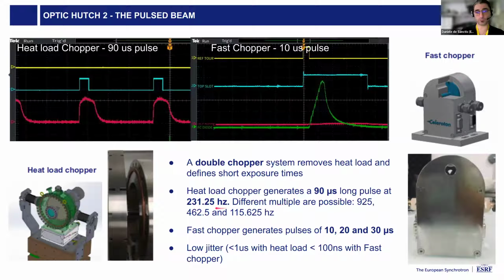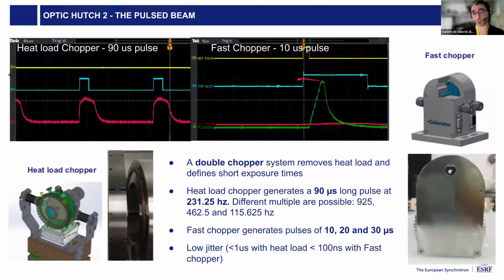Normally, we operate at the repetition rate of 231.25 Hertz, which is a direct division of the main frequency of 925. And as I said, the heat load chopper constantly produces 90 microsecond pulses, while with the fast chopper, thanks to the profile that you see here, this graded profile, by offsetting it, we can produce either 10, 20, or 30 microsecond X-ray pulses.